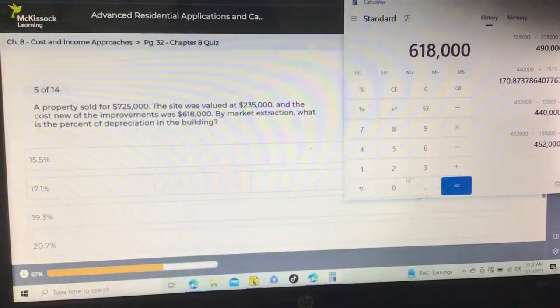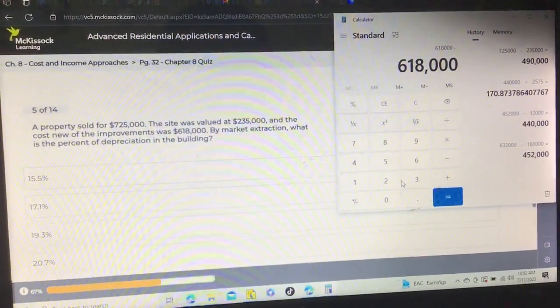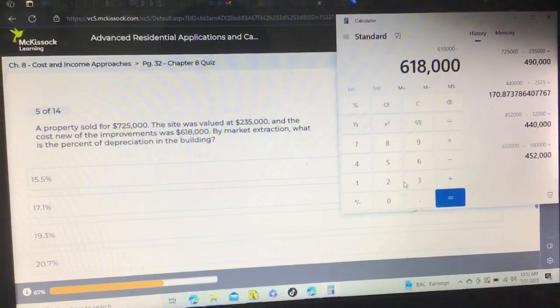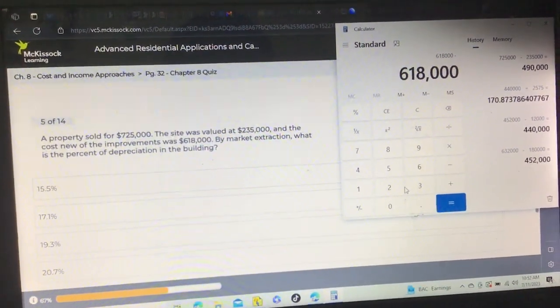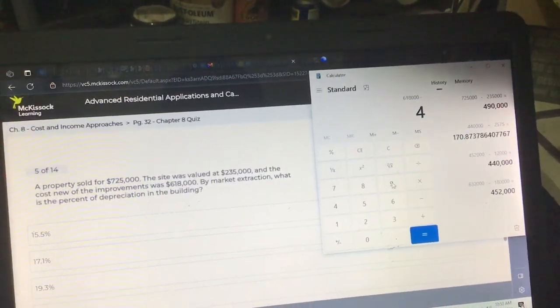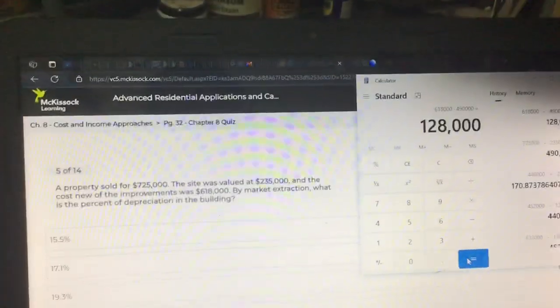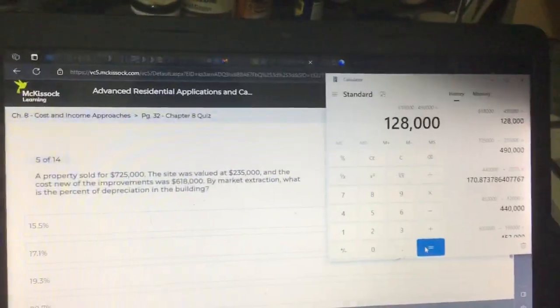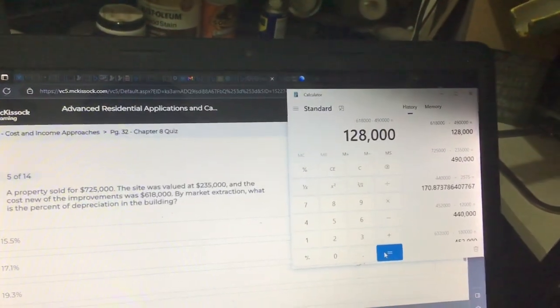Okay? And then you're going to minus that estimated depreciated value at the end of phase 1, which was $490,000. That equals $128,000 lump sum depreciation.